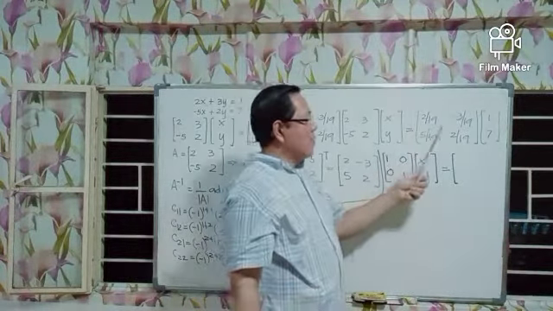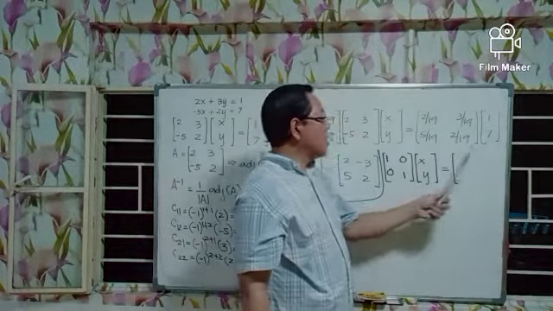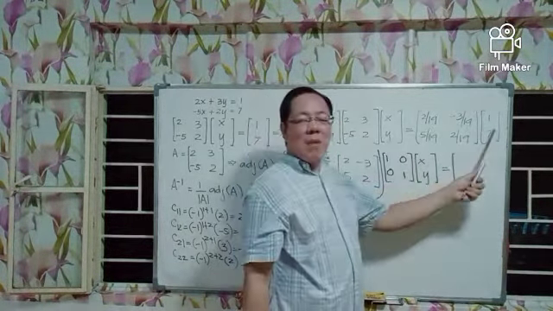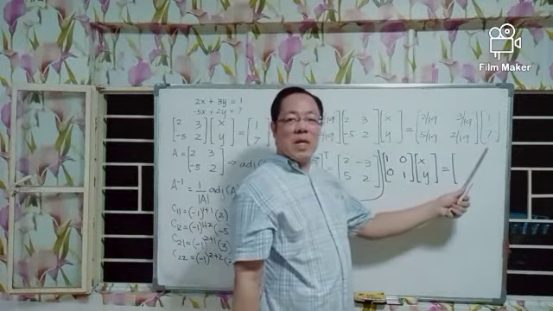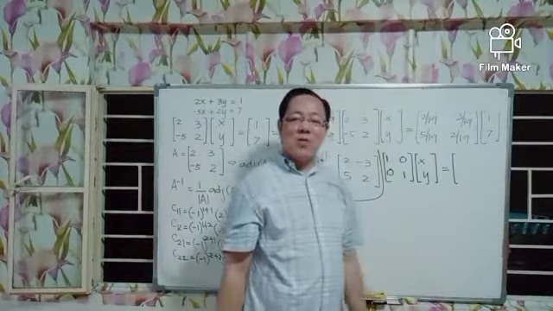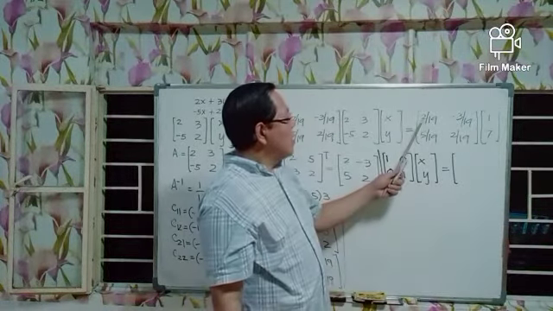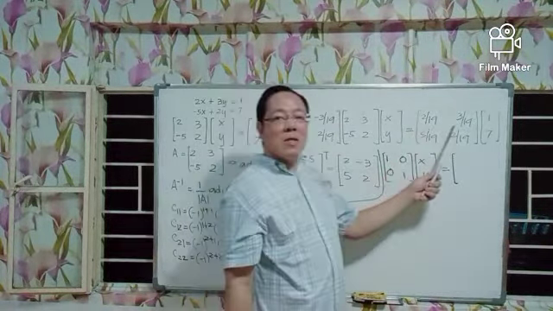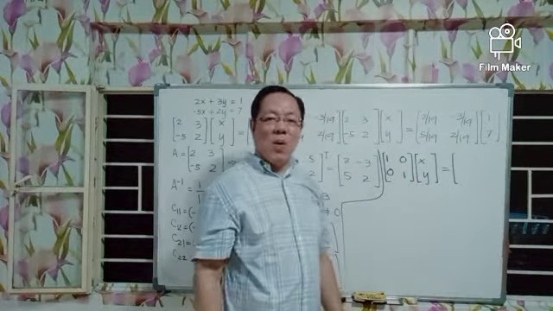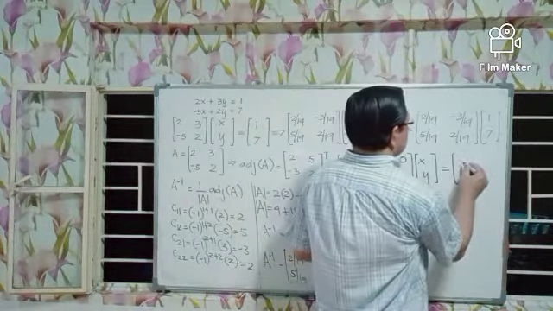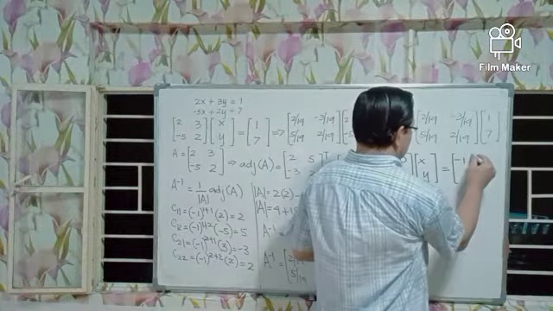We multiply the first row by the column vector. 2 over 19 multiplied by 1 is 2 over 19, plus minus 3 over 19 multiplied by 7 is minus 21 over 19. Hence we get 2 over 19 minus 21 over 19. That's negative 19 over 19, or negative 1.